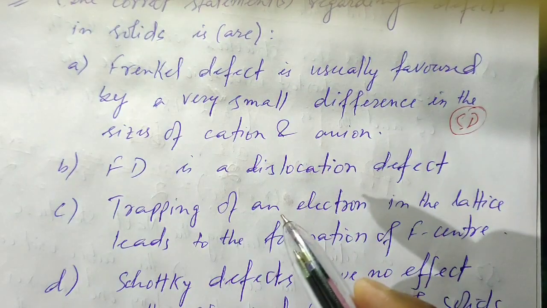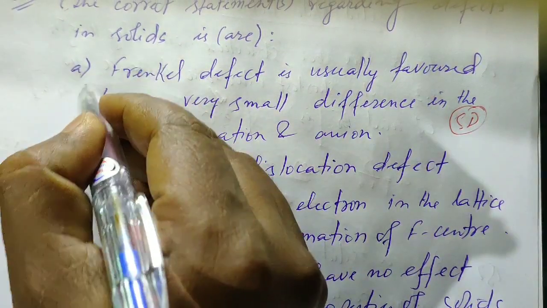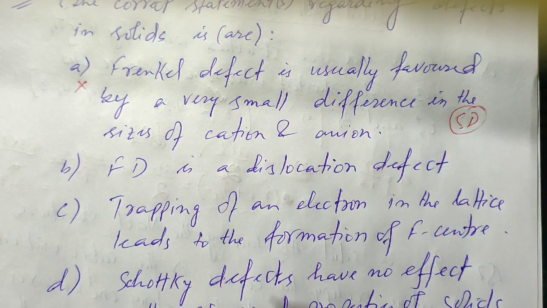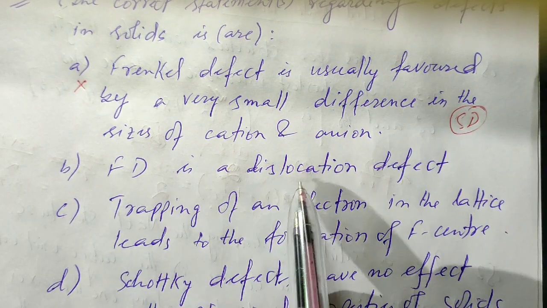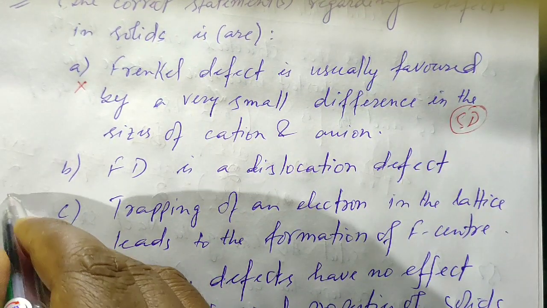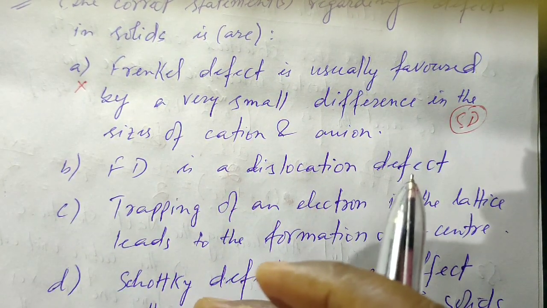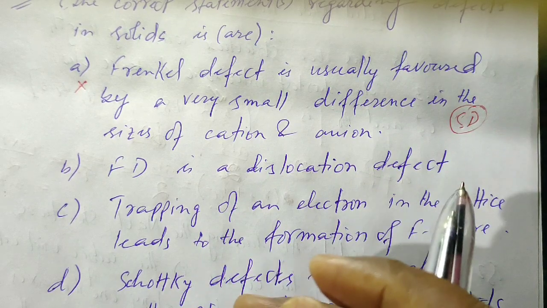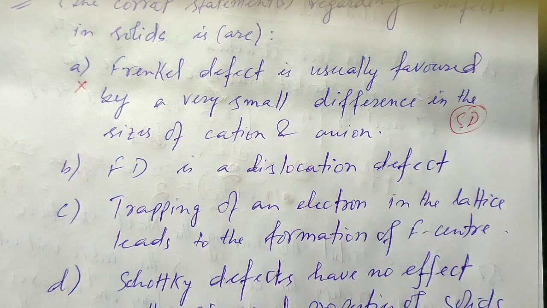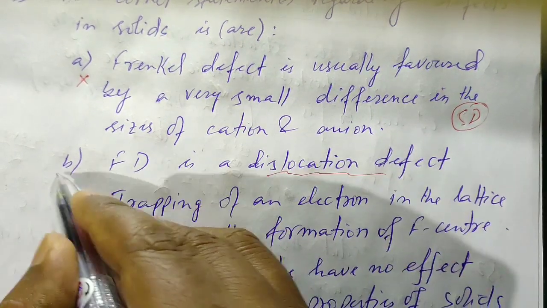In Frenkel defect there is a large difference between the size of cation and the anion, so this is not our correct answer. Second option is Frenkel defect is a dislocation defect. This is correct, because in case of Frenkel defect, the cation, which is of smaller size, usually dislocates from its lattice site to the interstitial void, interstitial site. So this is a kind of dislocation defect. This is correct.